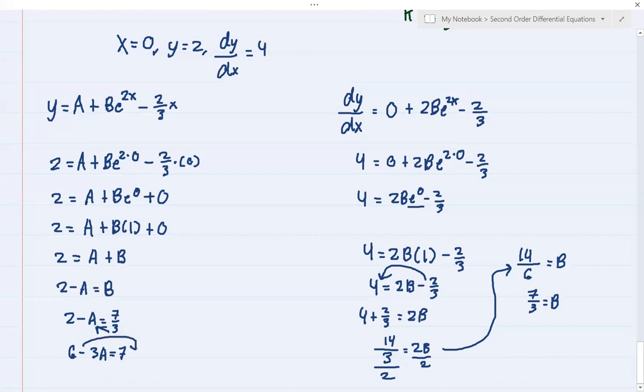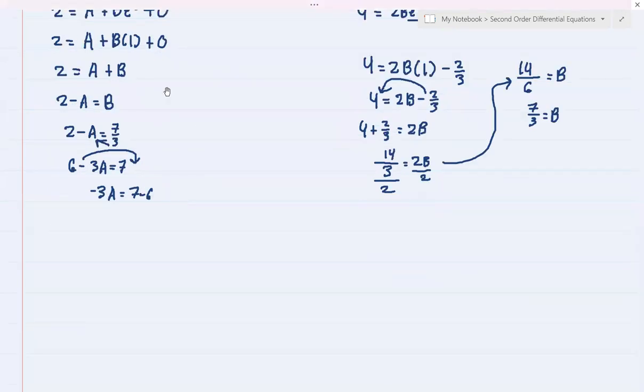Now transpose 6 to the right, so negative 3a is equal to 7 minus 6, which is 1. Divide both sides by negative 3, and we will have a is equal to negative 1 third.